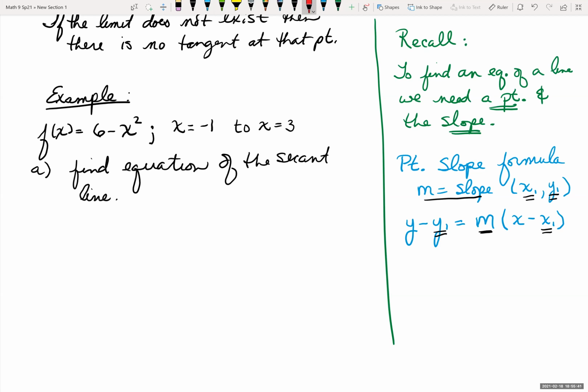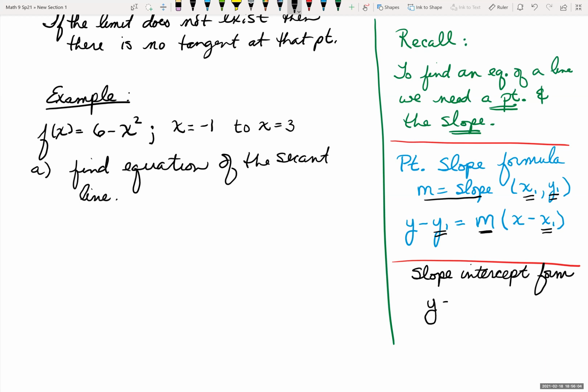I tend to use a different method, and I use your slope-intercept form. So slope-intercept form of a line. We have y is equal to your slope m times x plus b.